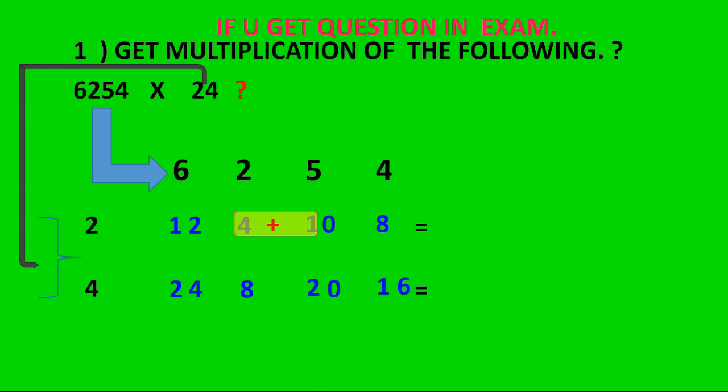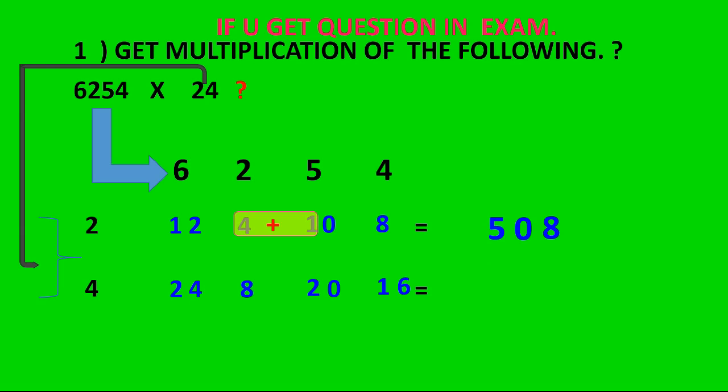Now write the 8 as it is because it is on the extreme right side. Then 0 also as it is because we don't have any number to add; if you add 0 with 8 it will be 8 only, that's why no need to write it. And now 0 as it is, then 4 plus 1 you have to add.